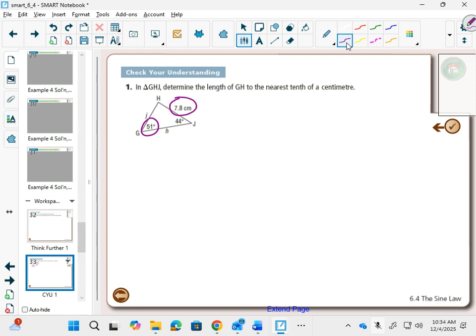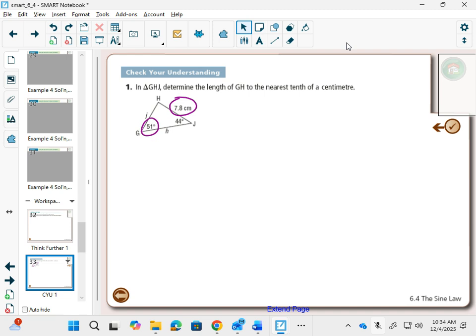Now the sine law was six things equal to each other in one, or six other things equal to each other in the other one. How does this work? How do we use it? How do we know, should we do the one where it's the sine on the top, or should we do the one where the side is on the top?